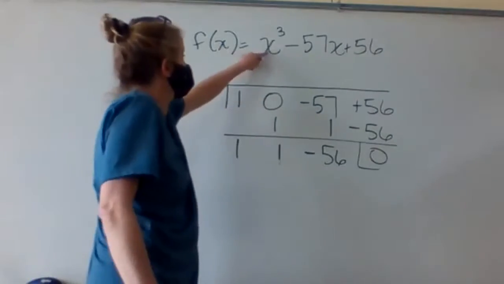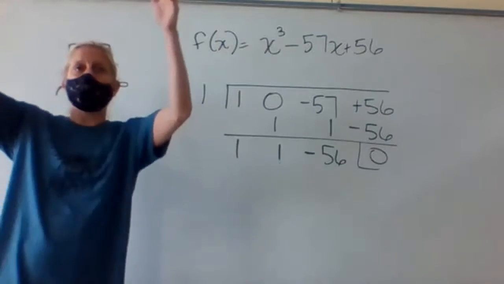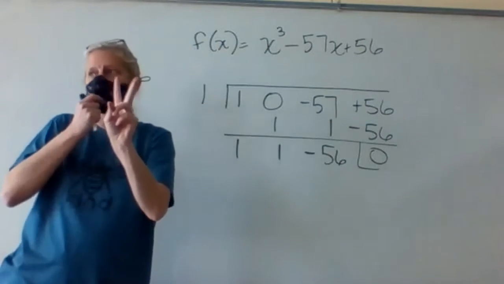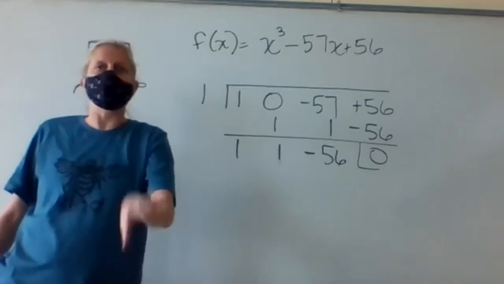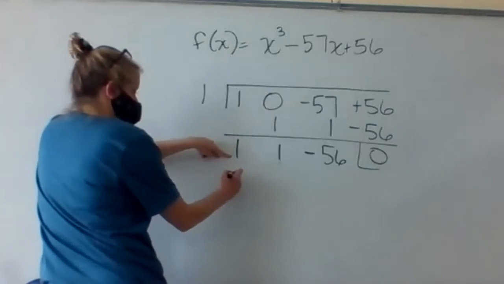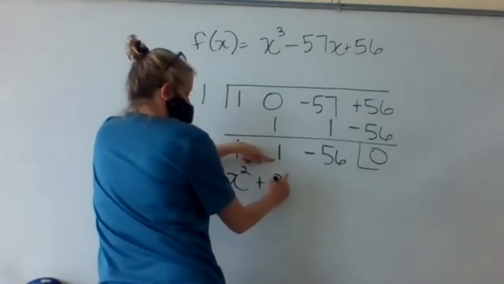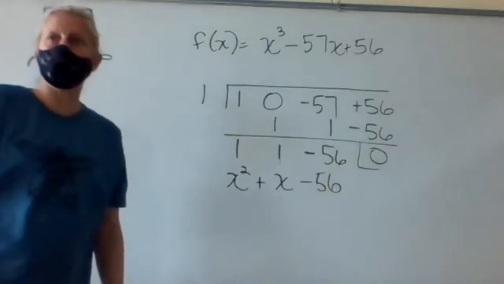How can I now, if I started with x cubed, what is going to be left here? What's 1 degree below that? X squared, which is what? Quad. Then I'll be able to use the quad to find my other two zeros. So if this is x cubed, that means this is x squared plus x minus 56.